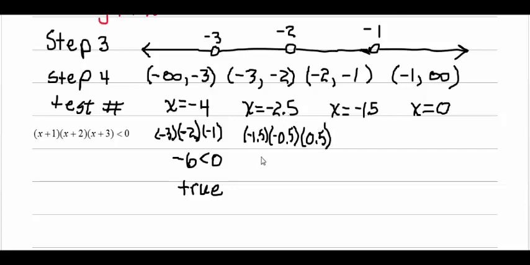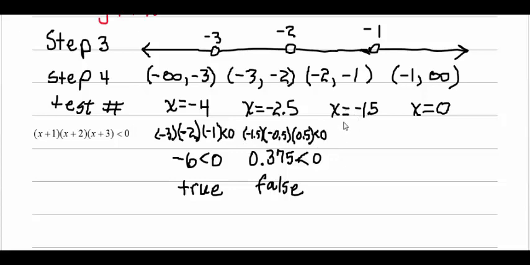So I wind up with positive 0.375, less than 0. And that's actually a false statement. 0.375 is not less than 0. So that tells me all the numbers in this test interval will make this inequality false.